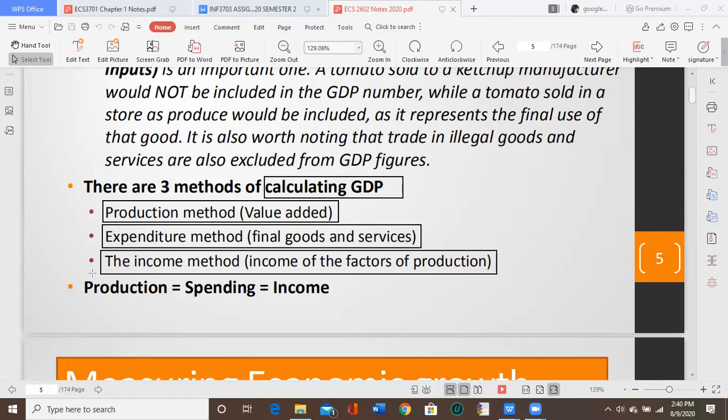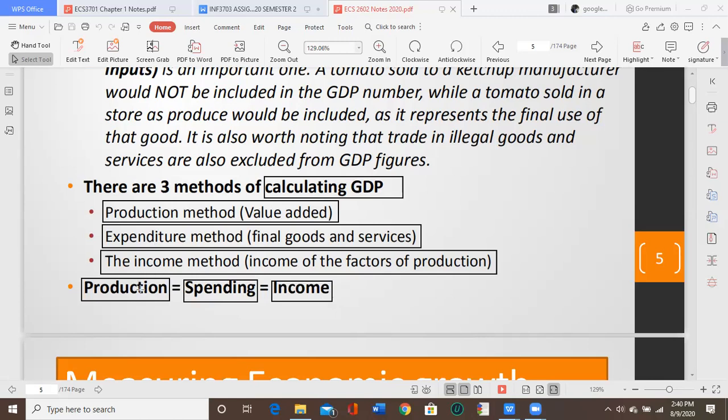The value that you get when you calculate using the production method should be equal to the one that you attain from using the expenditure method. Expenditure is the same as spending, and it will also be equal to the income method.